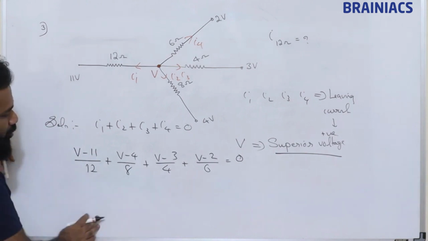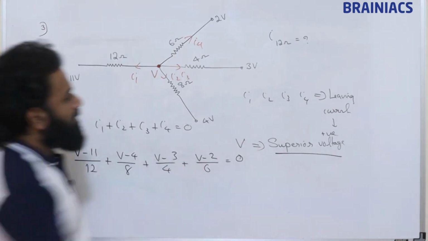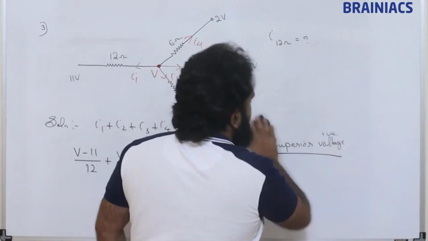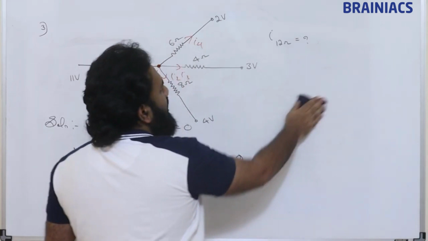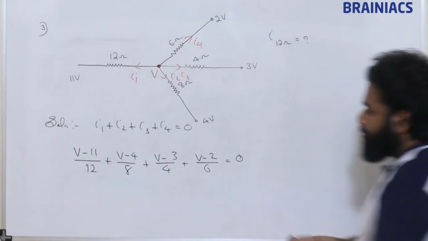Done. So now what will come? LCM will come as 24. Shall I erase this? If you have any confusion, please note all the data which I am giving. Clear?